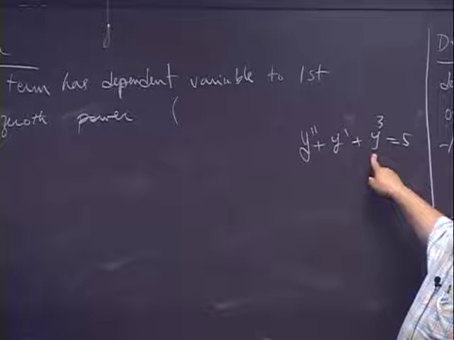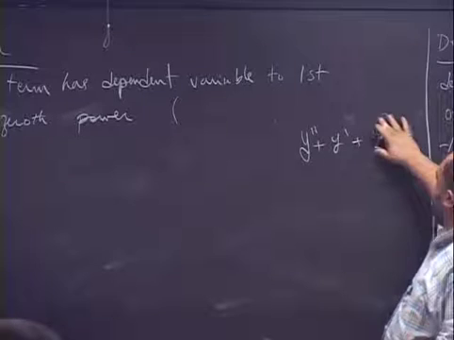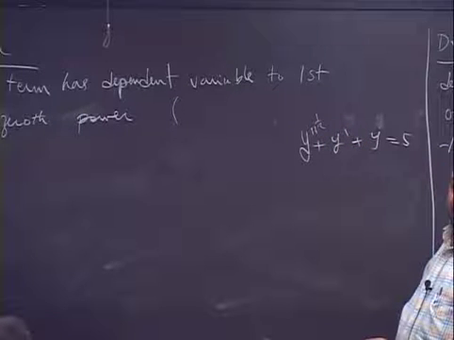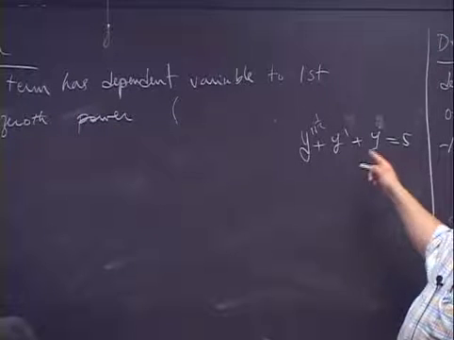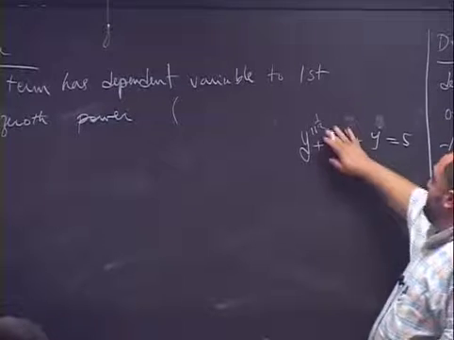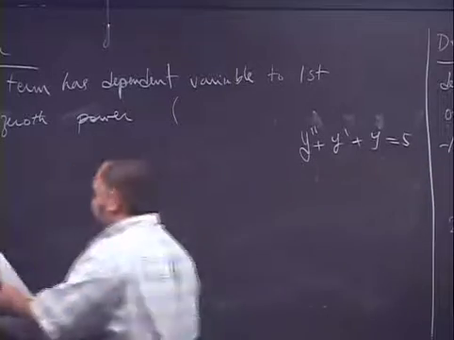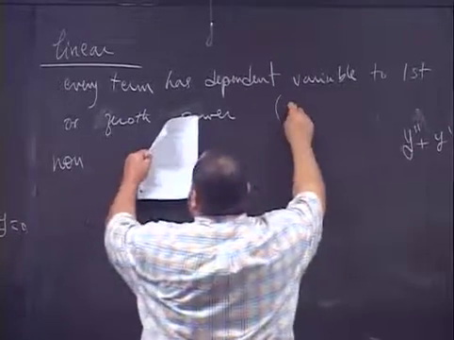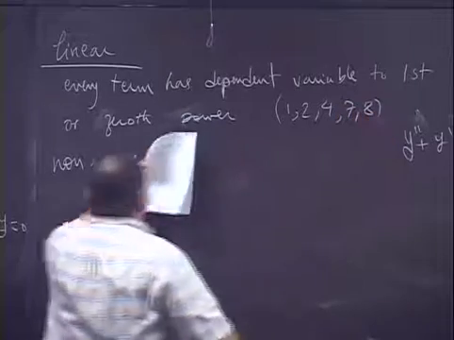Again, the dependent variable y is raised to a power greater than 1. Nonlinear, because if you rationalize this, you will end up with squares. So don't be deceived by thinking this is less than 1, so it's still linear. So the linear ones are 1, 2, 4, 7 and 8.